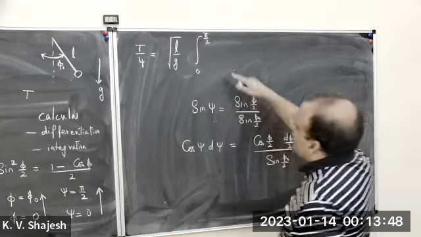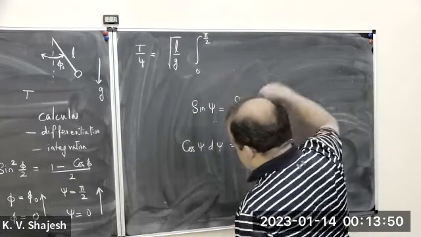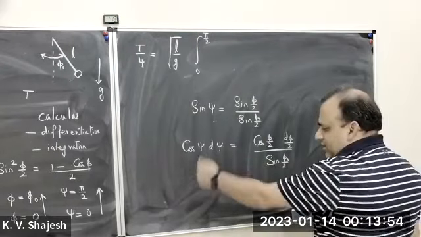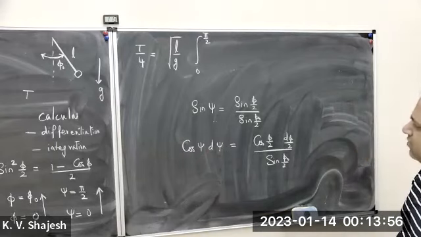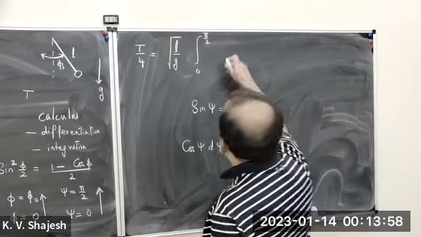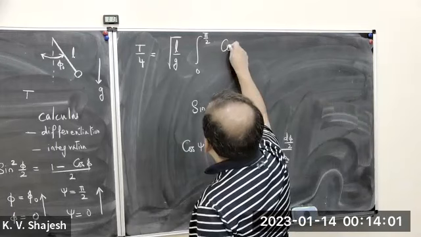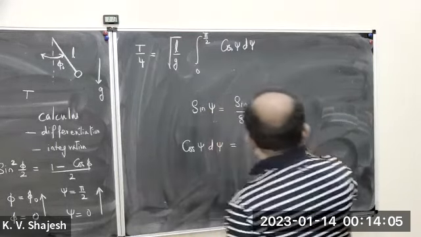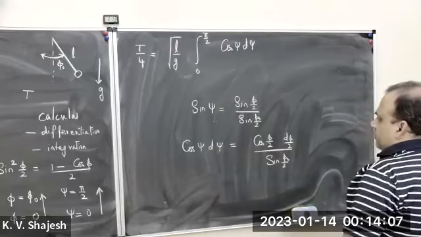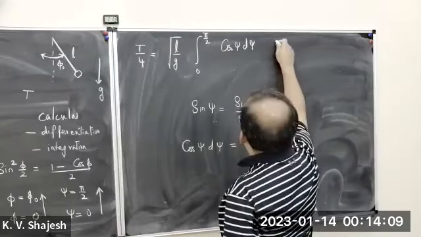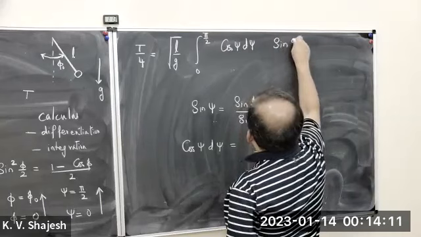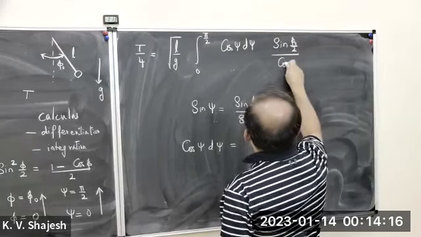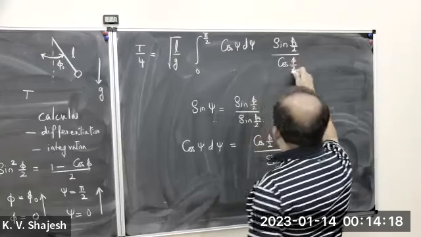That gives the idea that I can change this angle phi that is being used to describe the pendulum in terms of this new, abstract angle psi. So that's d psi here. This will be equal to cosine psi d psi. I'm going to put this all to the right. So this is sine of phi naught over 2 divided by cosine of phi over 2.